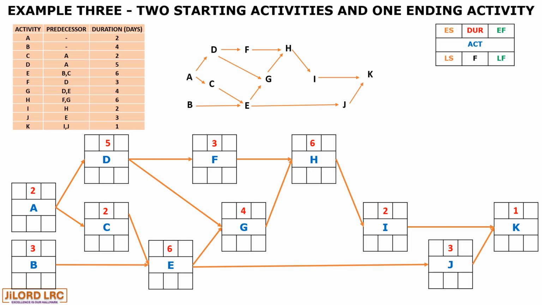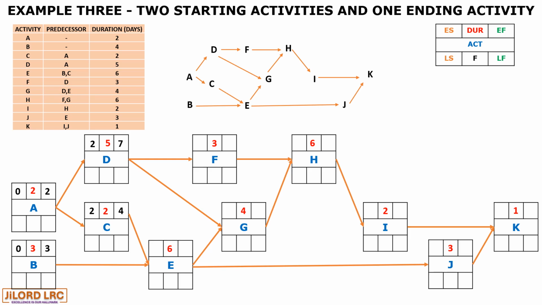We will now perform the forward pass, starting with activity A. So we have 0 plus 2 giving us 2. And for activity B, 0, which is also a starting activity, plus 3 giving us 3. Now we will look at activity C and D. So that is 2 plus 2 is 4, and 2 plus 5 is 7.